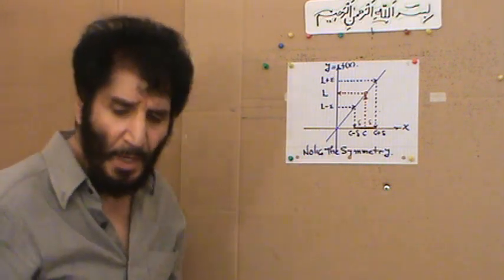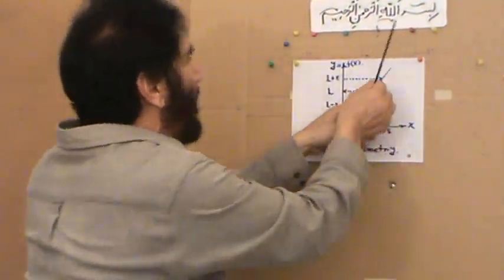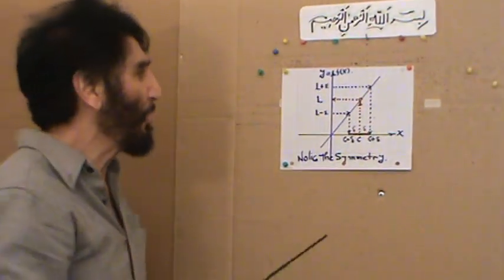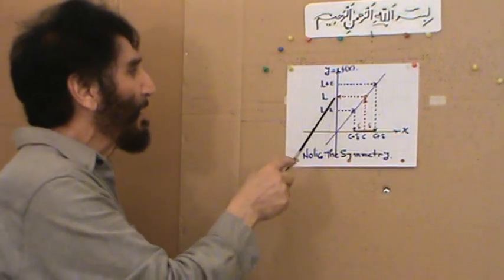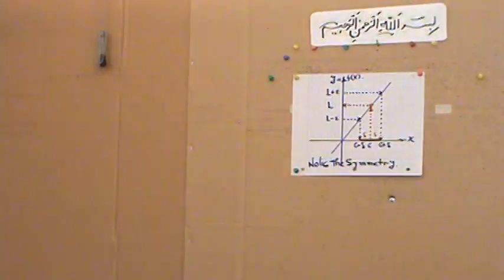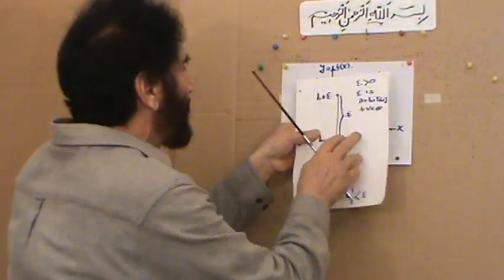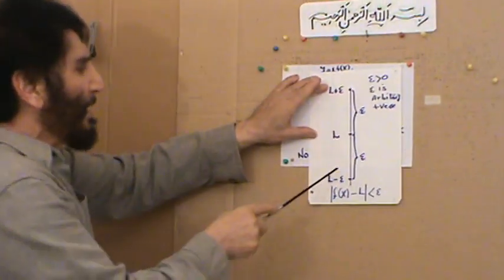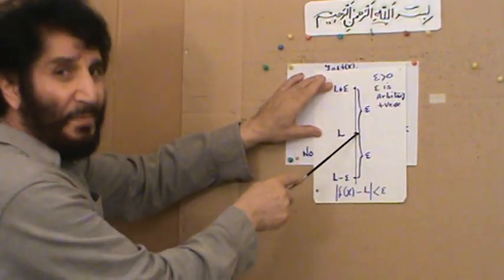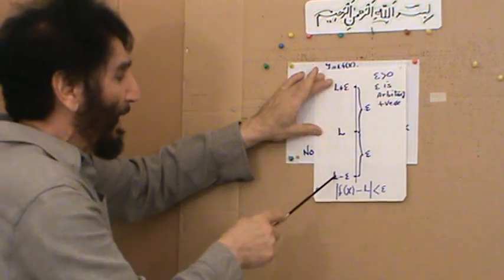So this is one. Now the other one is that to say, okay, this is linear. One thing we notice, by the way, this is a good thing to notice: the L is always symmetric. Let me put that one up one more time. You see that? L is always the center between L plus epsilon and L minus epsilon.